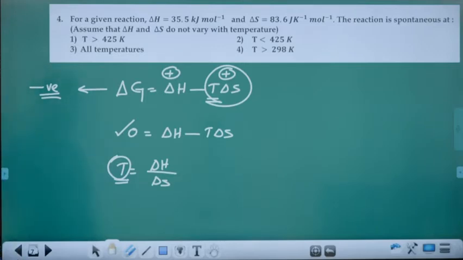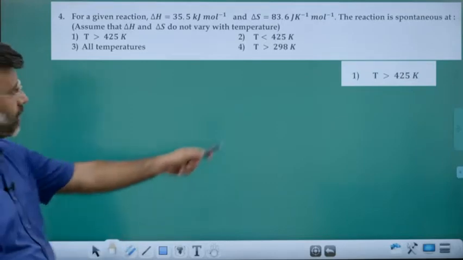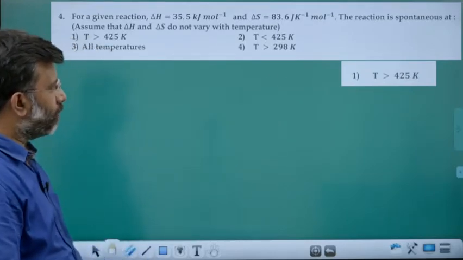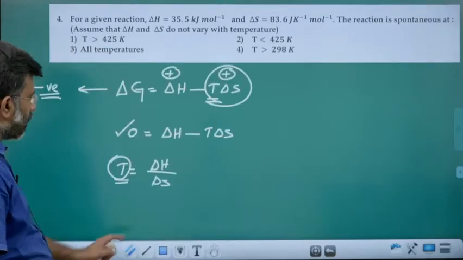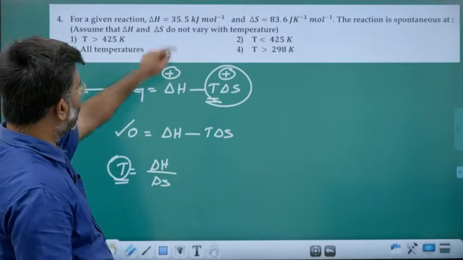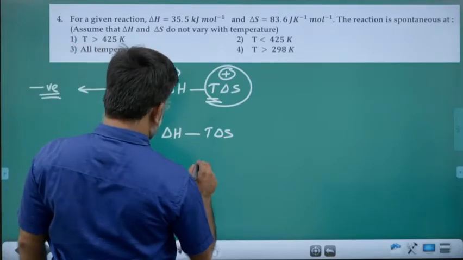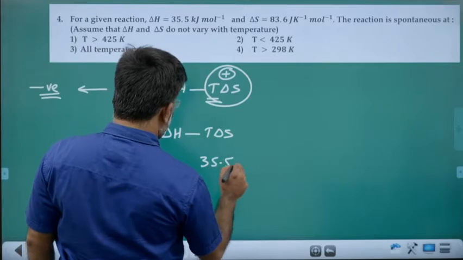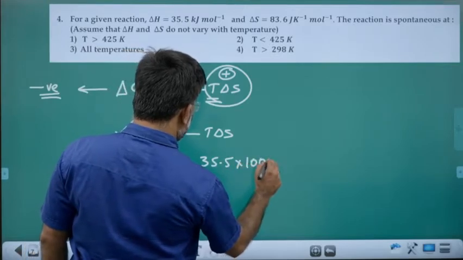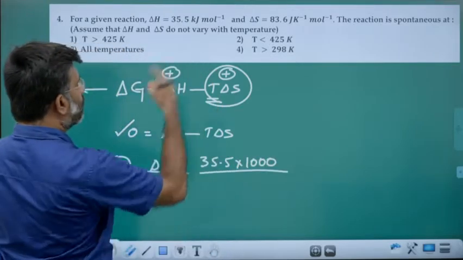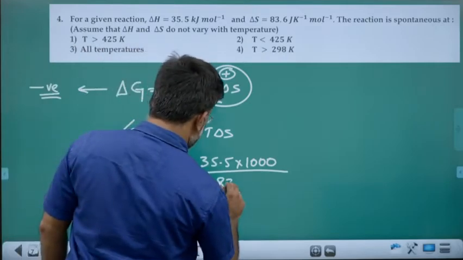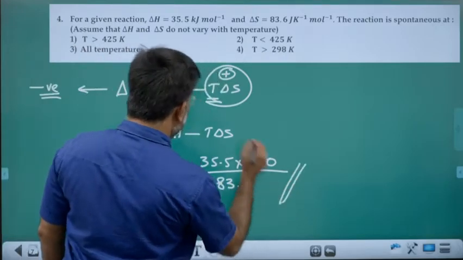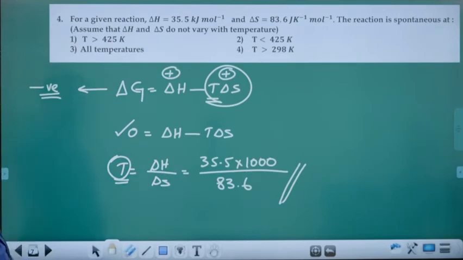Hope it is clear. So what is the answer there? You will get temperature greater than 425. When you work this out, 35.5 kilojoules into 1000 joules divided by 83.6 joules, you will get 425 something.